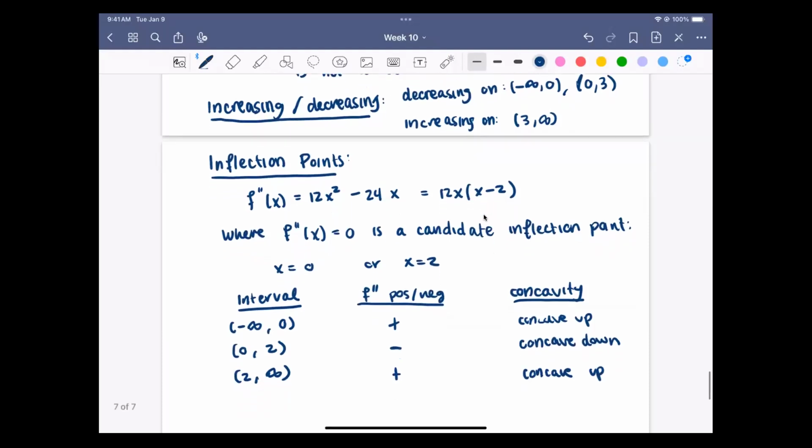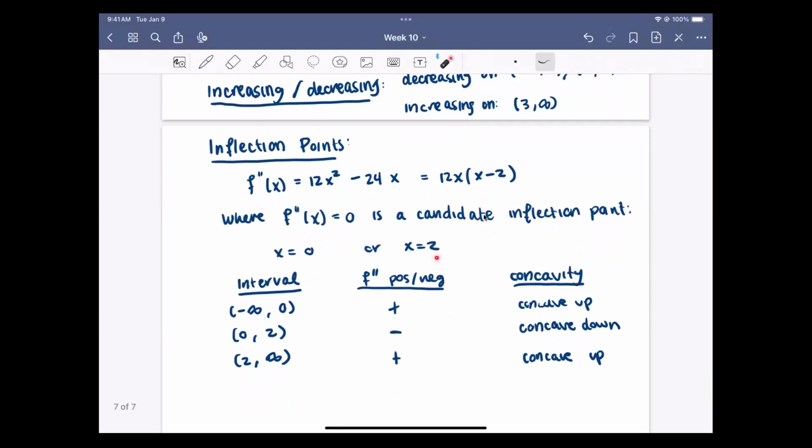Okay, so what does that tell us about these 2 points? So what this says is that these are both inflection points, because we do actually see, for example, the interval to the left and to the right of 0, you have a different concavity there.